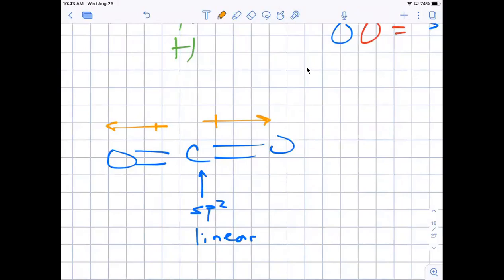I see two hands up. Why is the carbon sp2? I mean, I only see two groups. That's why it's sp2. It has two groups around it. That's the first way we recognize it. But the other way is that it has two pi bonds to it. Remember, this is the same as if this carbon was in a triple bond.